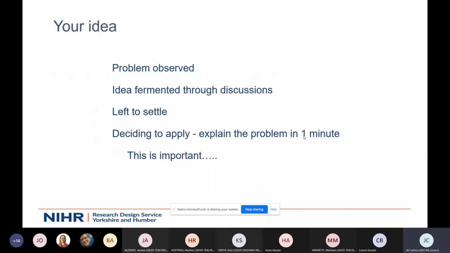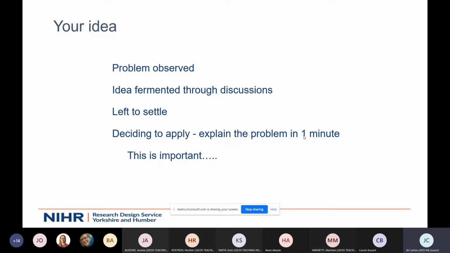So the problem. The project is around a problem, you know, really, that you've probably observed in your day-to-day work. It's very hard as an RDS advisor to advise about whether a project is a good idea or not. And so one of the things that I'm often asked is, where do people get their project ideas from?